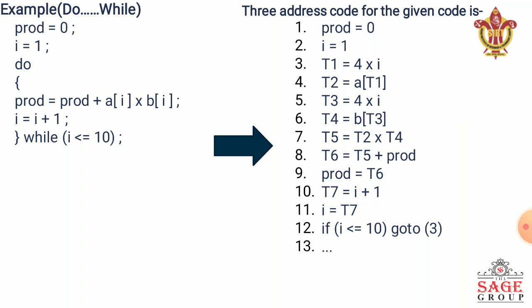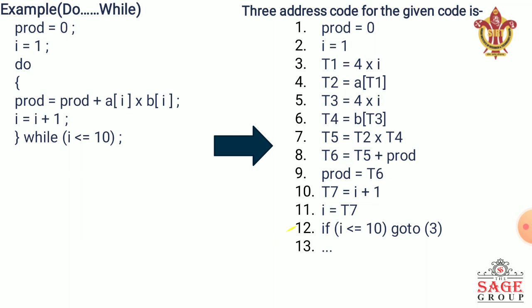So with the help of these statements we execute our statement prod equal to prod plus a of I into b of I. Now we again execute I equal to I plus 1. So I plus 1 is stored at t7 and I equal to t7. After that we check our condition, which is while I less than equal to 10, with the help of conditional go to.